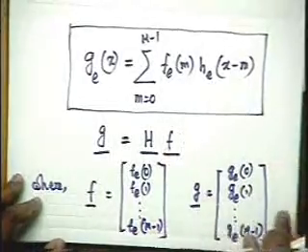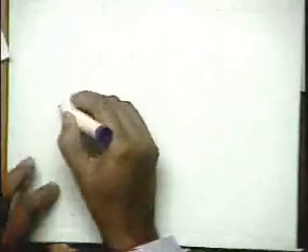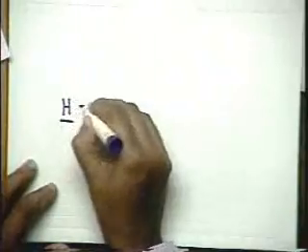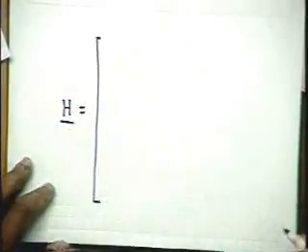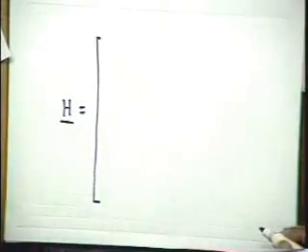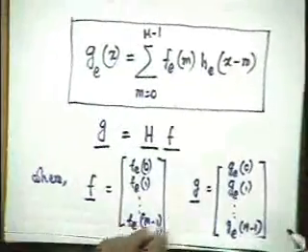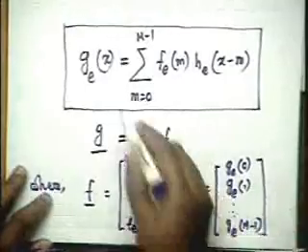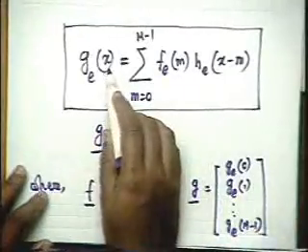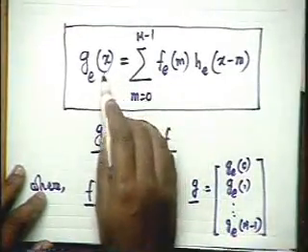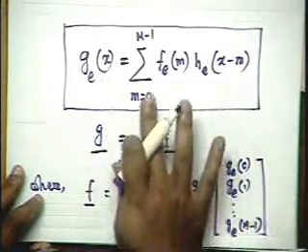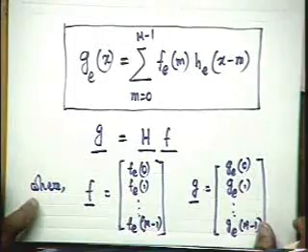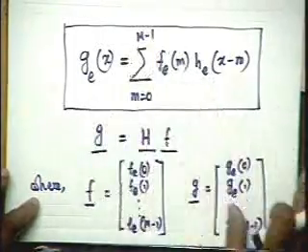Just think it over. The capital H matrix can now be written in terms of the elements of h_e. So what will be the first row? First row will be corresponding to g_e(0), that means corresponding to x equal to 0, and there will be capital M number of elements, from small m equal to 0 to M minus 1.